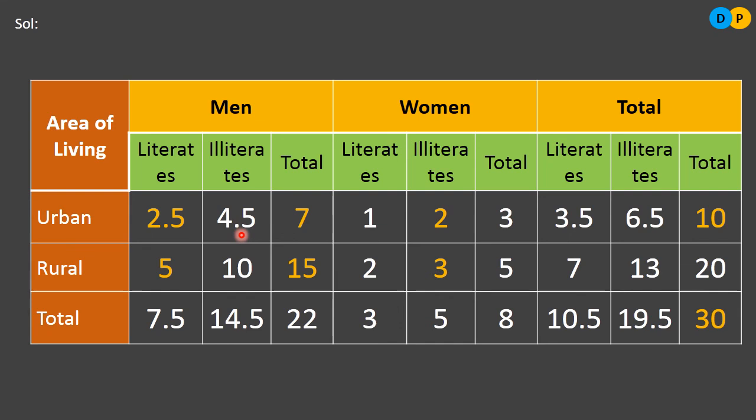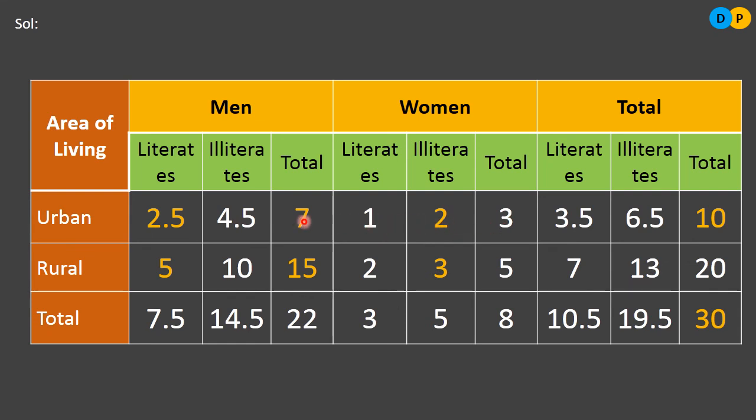Next, in the urban area, 2 lakh ladies are illiterate. So out of 3 lakh, if 2 lakh are illiterate, then the strength of literates is only 1 lakh. That's 3 minus 2 is 1. We can easily get it.